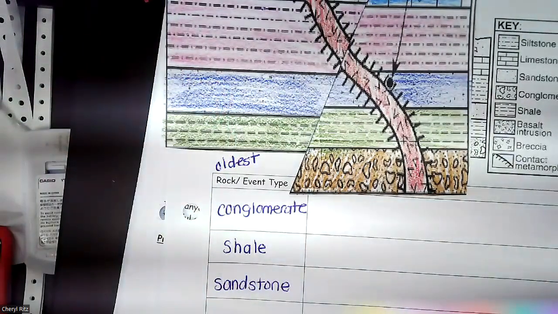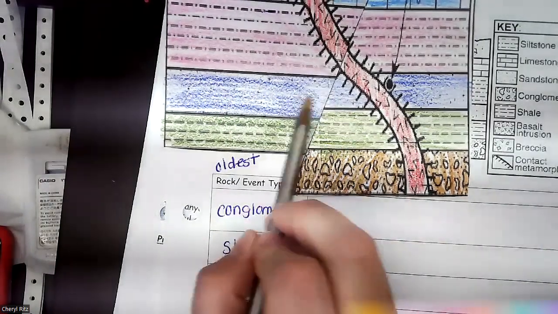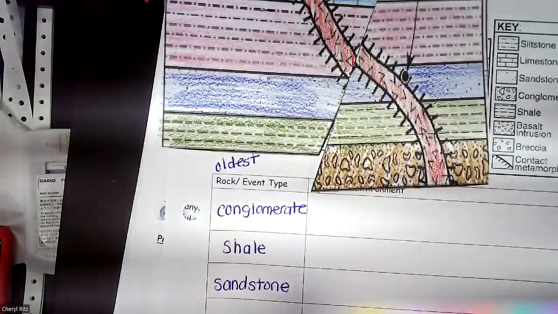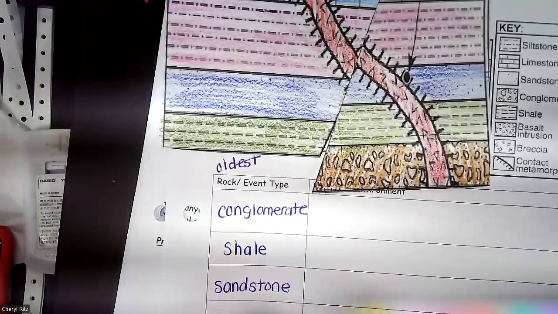After the sandstone was sitting there, what happened on top of it? Oh, siltstone. Then siltstone, followed by the limestone.